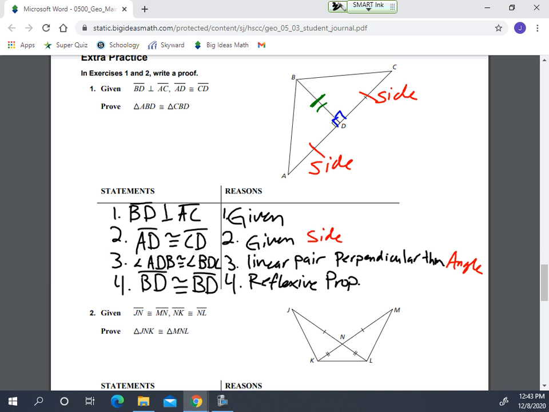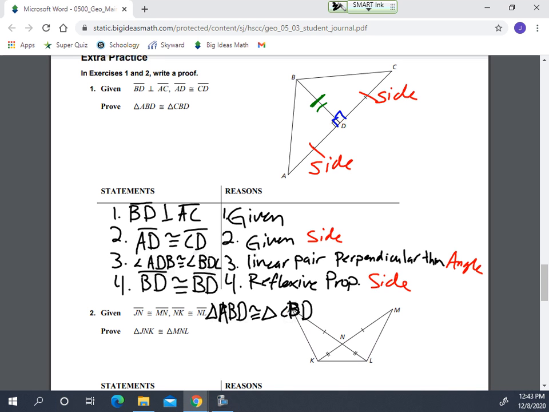Okay. There we go. Now we have a side, an angle, and another side. Therefore, we can prove this. We can say that triangle ABD is congruent to triangle CBD.